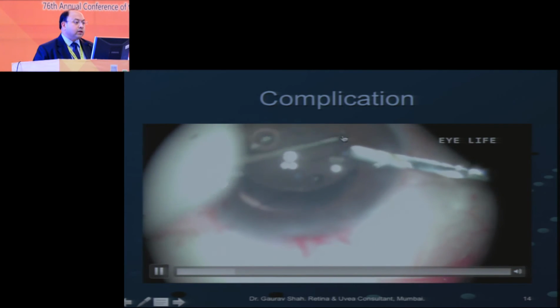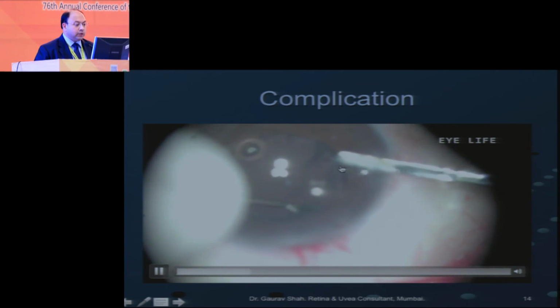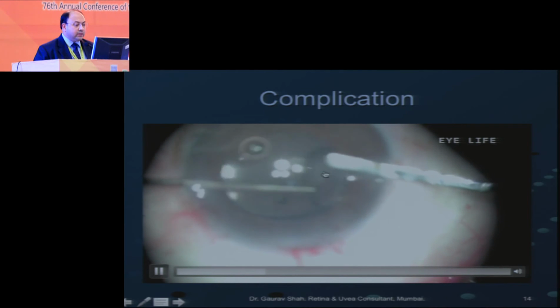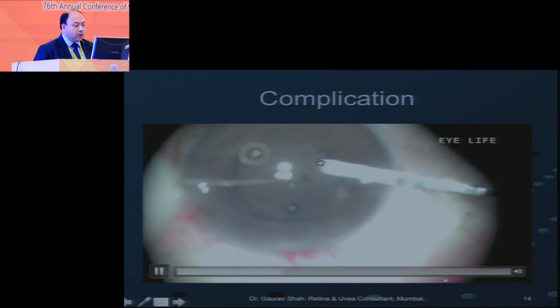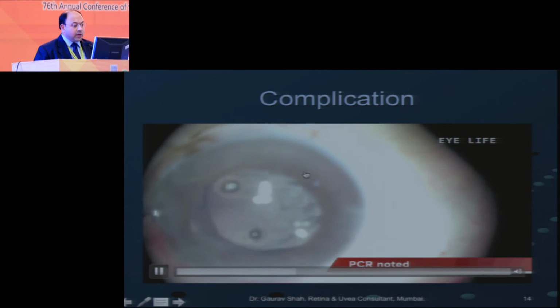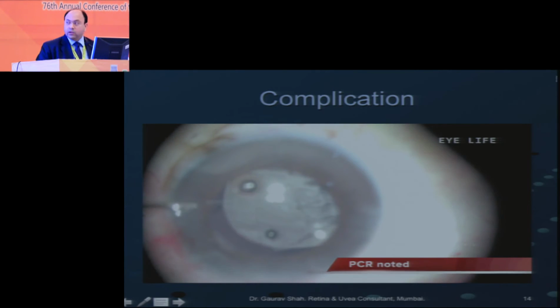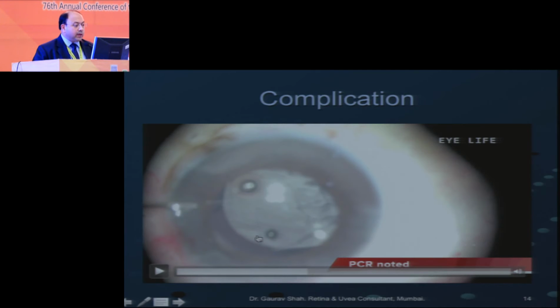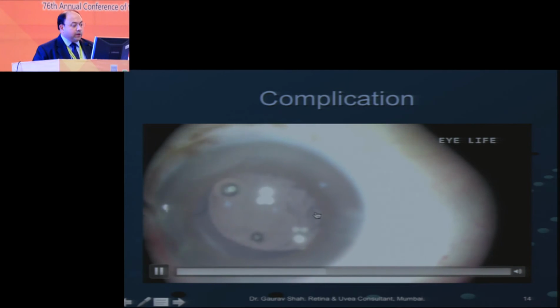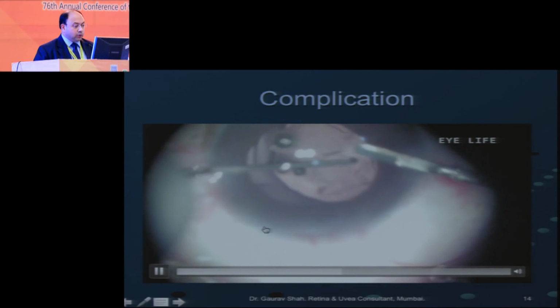One of the haptics was behind the posterior capsule. So we just did an anterior levitation and brought the haptics anterior, and at this stage, as you can see, there is a clear-cut posterior capsular rent which is noted. So at this point, we now know we are dealing with a posterior capsular rent.